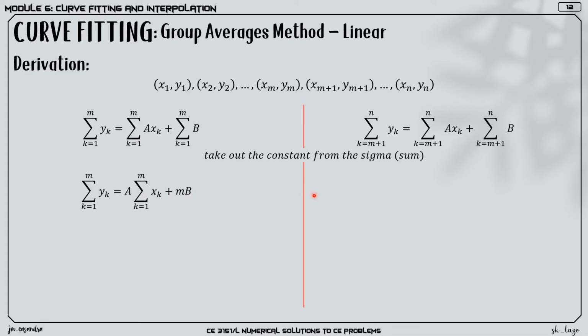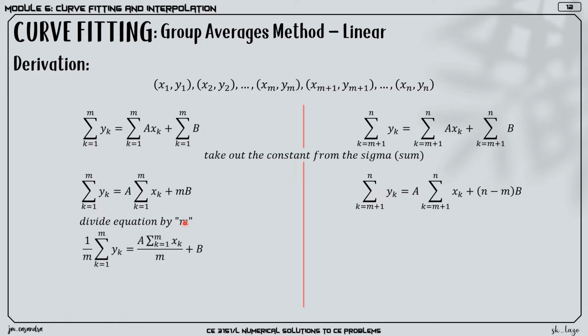We'll also have the same pattern for the second half of the coordinates. We'll have now the summation of y sub k equal to a times the summation of x sub k plus n minus m times b.